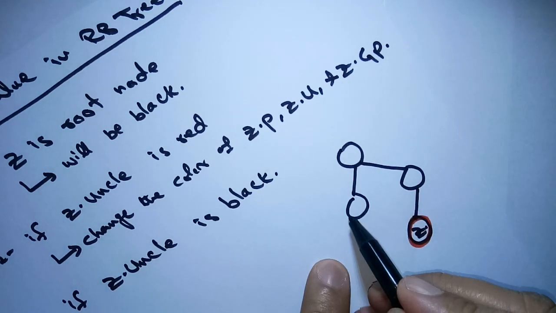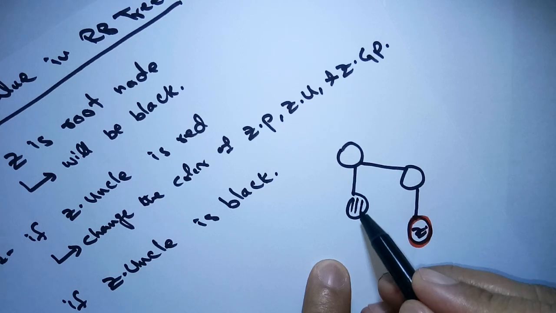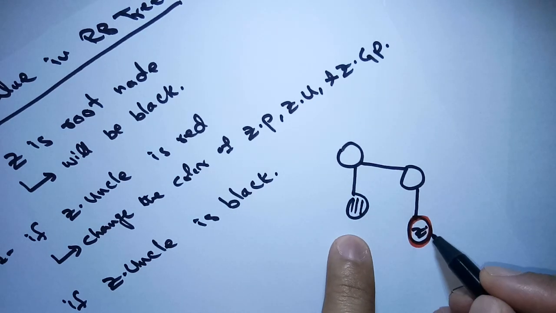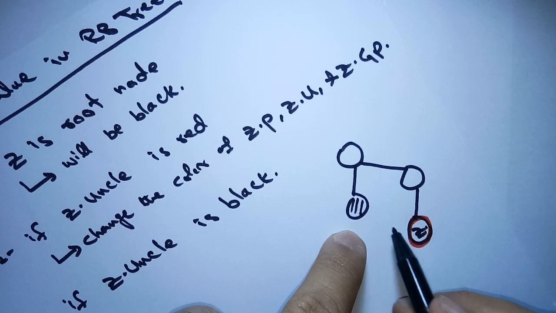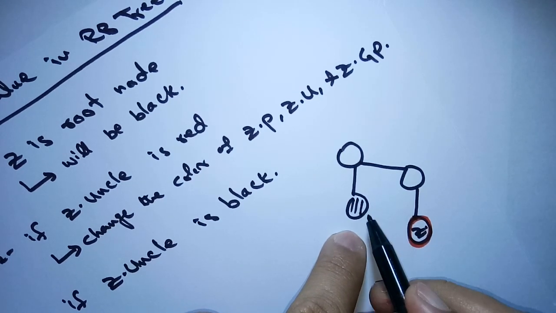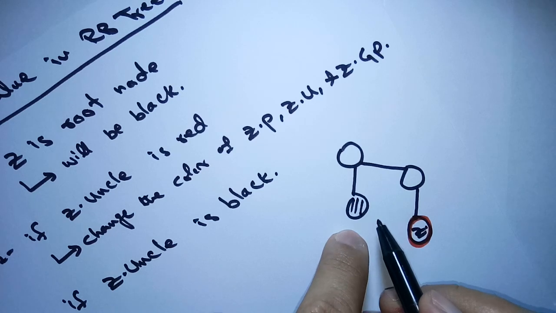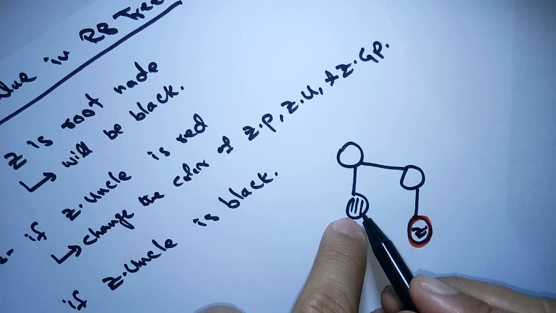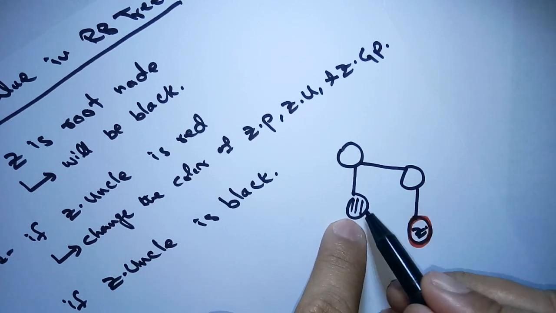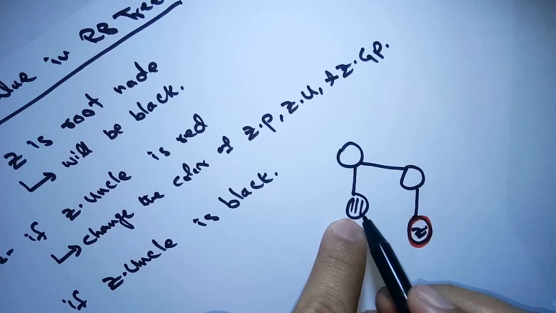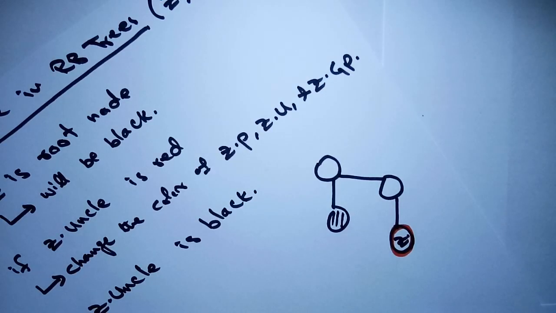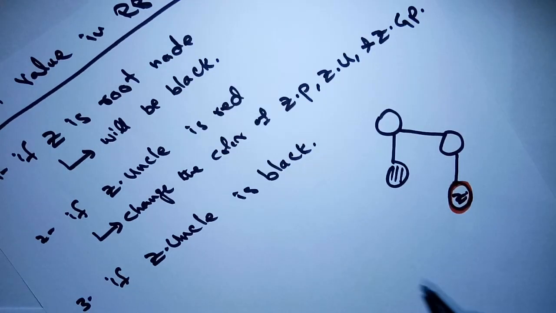So if this uncle is black, and the Z that you are going to insert is in front of this uncle, meaning that it is making a triangle with the uncle. So what does it mean?